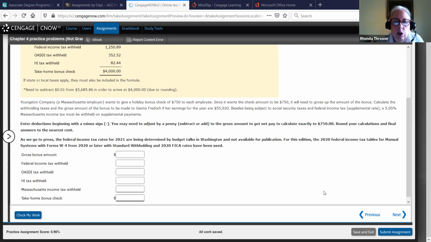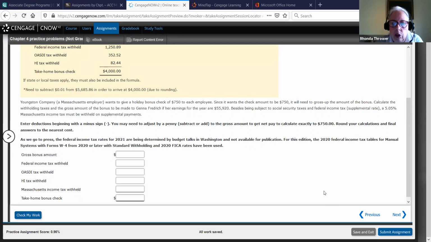So to find the grossed up bonus, you take the amount that you want to pay the employees after the taxes have been taken out, which is $750. You're going to divide this $750 by the 1 minus the applicable tax rate, or the denominator figure of 0.653.